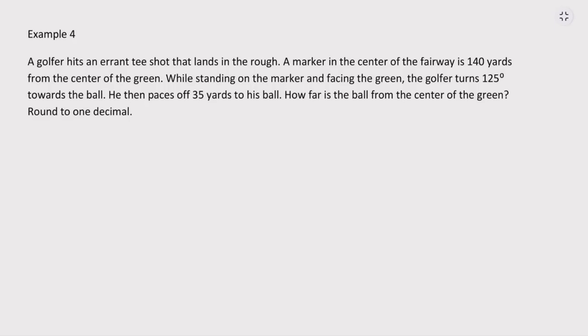Okay, so we've got a marker, and we've got the green, and we've got the ball.